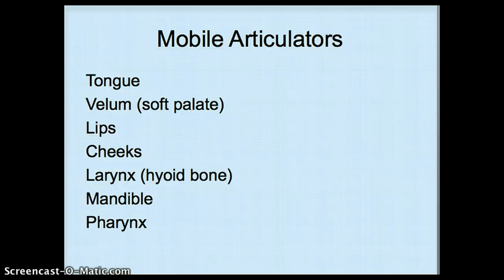So we know we produce speech sounds by moving our tongue, our velum, which is our soft palate in the very back of our mouth, our lips, our cheeks, the larynx, the hyoid bone, which lifts up when we're talking, the mandible, which is our jaw, and the pharynx, which is our throat. All of these structures we use when we articulate sounds, and they all move.